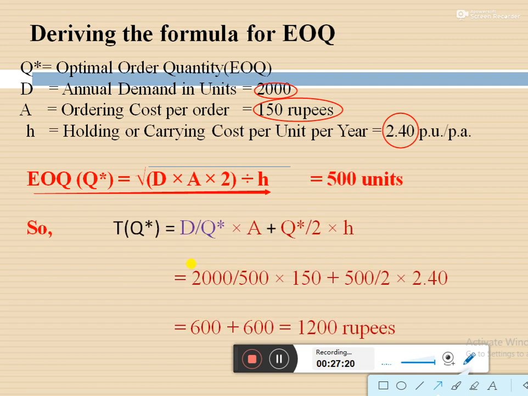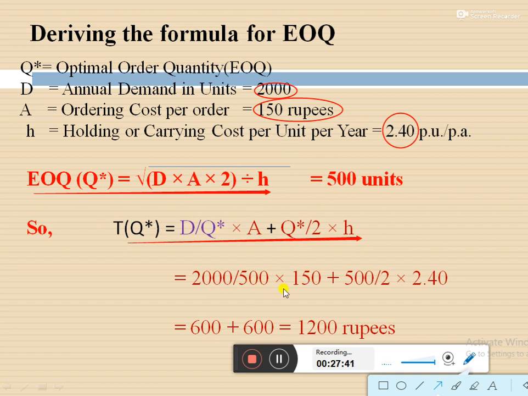After that we can calculate the total cost of the inventory. The formula for total cost of inventory is this one. So simply apply the values given in this problem. D is 2000, Q star that we have calculated in the previous step is 500 units.